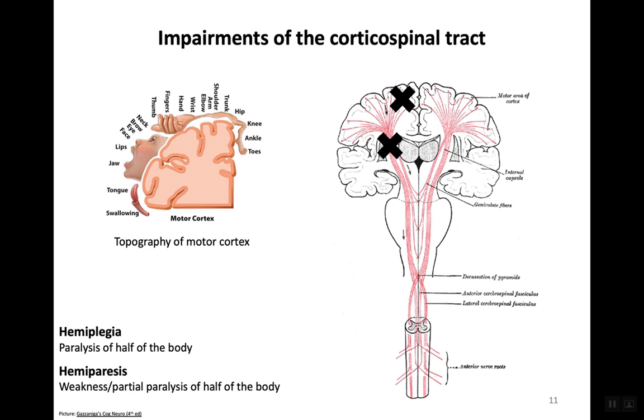Well, if that happens, you might imagine that the entire right-hand side of the body would be compromised, resulting either in hemiplegia, complete paralysis of half of the body, or, in case the damage is partial and not complete, in weakness or partial paralysis of half of the body, in this case the right side of the body.